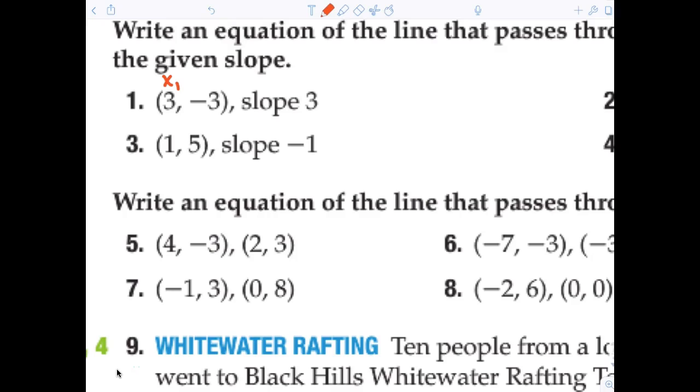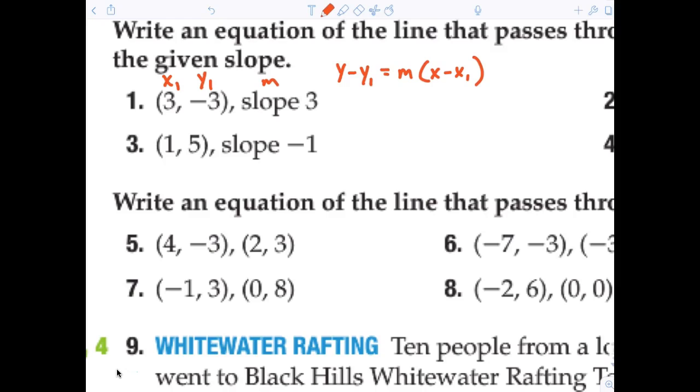This negative 3 is called what? y1, and the slope is referred to as m. That's how simple it is. From there, I want you to write down y minus y1 equals m times x minus x1. That's how we're going to write the equation of the line.